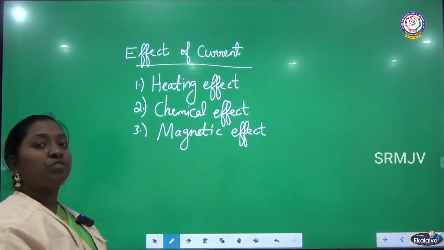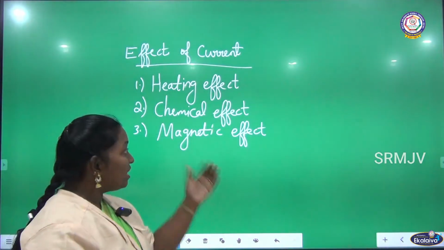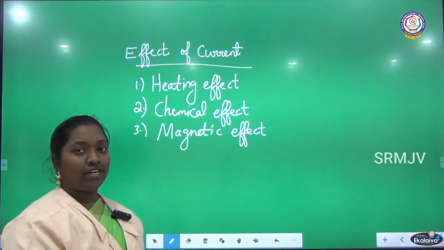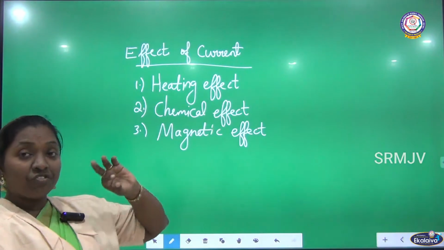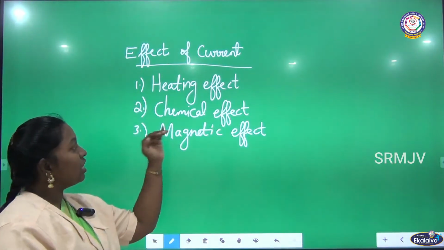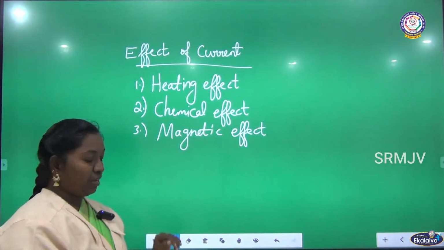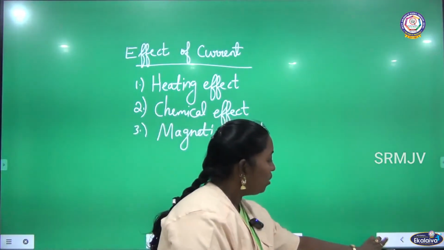So when the current flows in the circuit, these are the effects it exhibits when the flow of current is taking place in the wire. So what are the three effects? Heating effect, chemical effect and magnetic effect. We'll see now about heating effect.